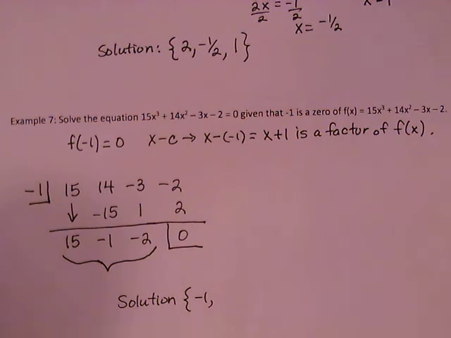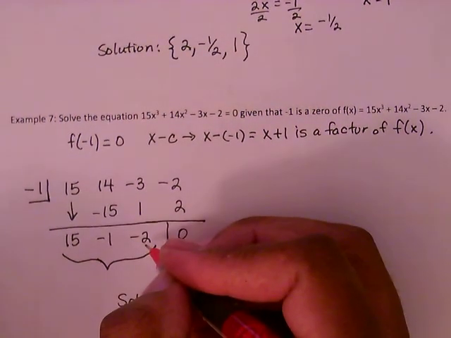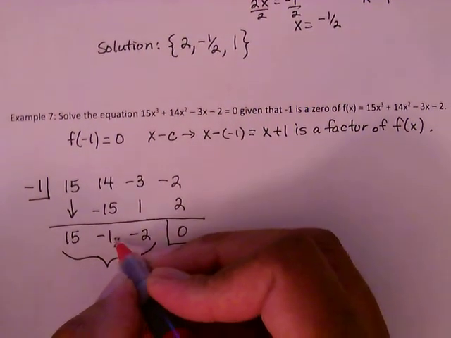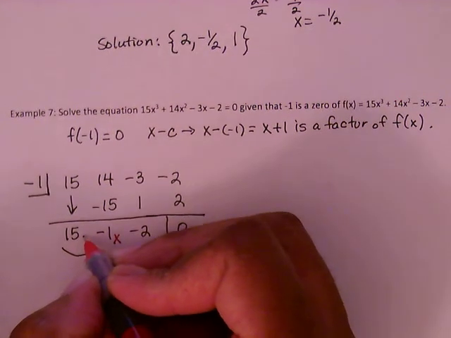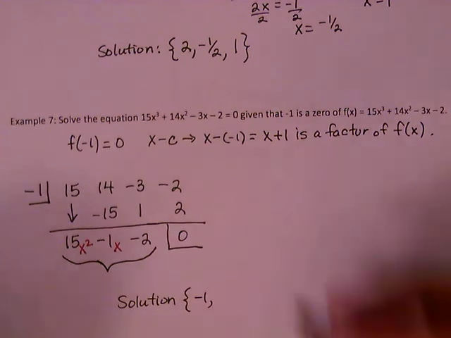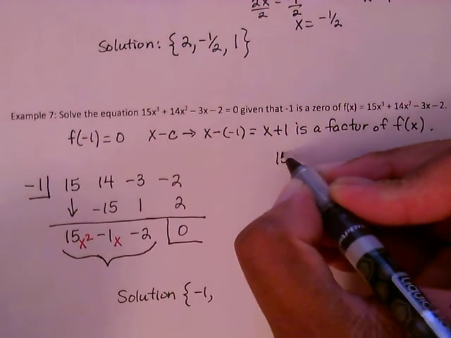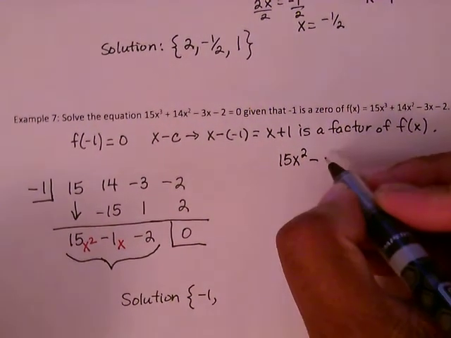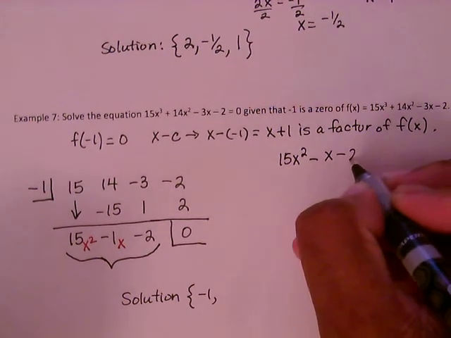Of course that -2 is the constant term, the -1 is the coefficient of x, that 15 is the coefficient of x squared. So I'm going to take that quotient of 15x squared minus 1x, or just x, minus 2.